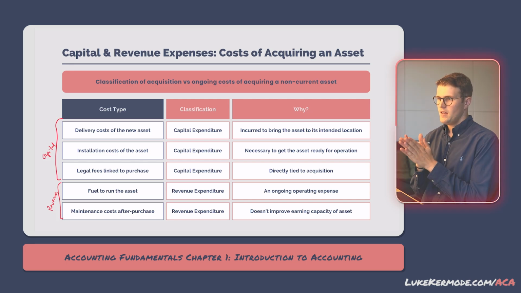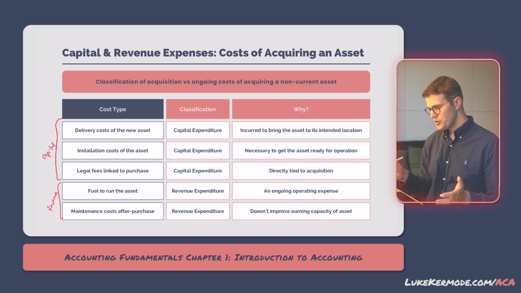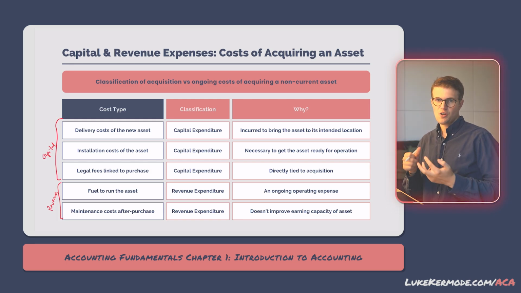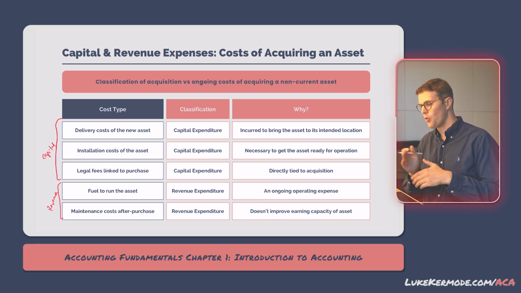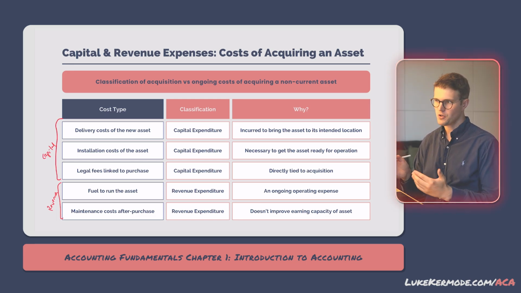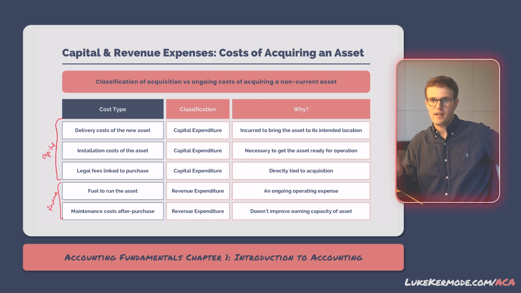So if we look at the example of a machine purchase in this table, we can see that delivery costs, installation costs, legal fees are all tied to the purchase of the machine, so they're all capital in nature, whereas fuel costs, maintenance costs are all revenue as they aren't tied to the purchase.